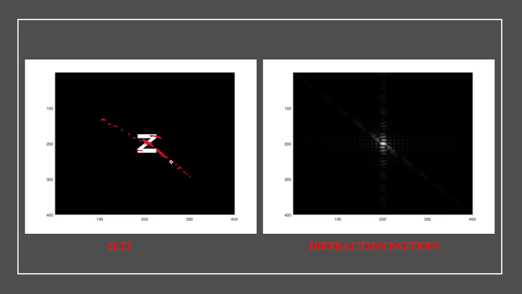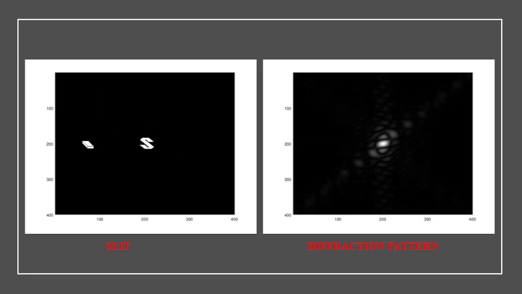This will be the intensity distribution along this line. And then these two lines are parallel, so this will give you a diffraction pattern in this way. Exactly the same, you can see the diffraction pattern is generated here. So using this idea, you can write what will be the diffraction pattern associated with the Z shape, and also for the S shape.